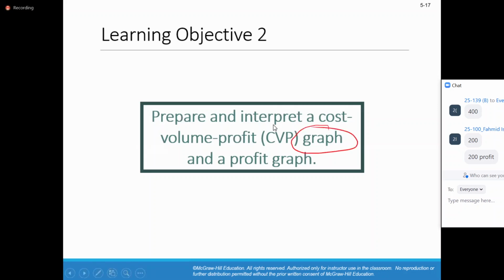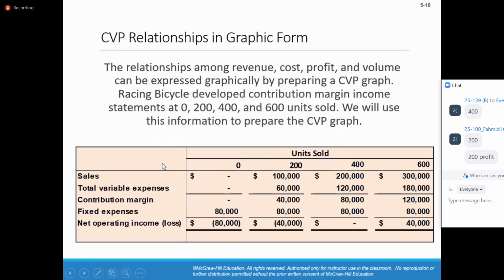So what can we do? We can make a graph of the CVP relation, cost volume profit relation, and we can understand the same thing using the graph. So you see that these are some information that will be required for plotting the graph.